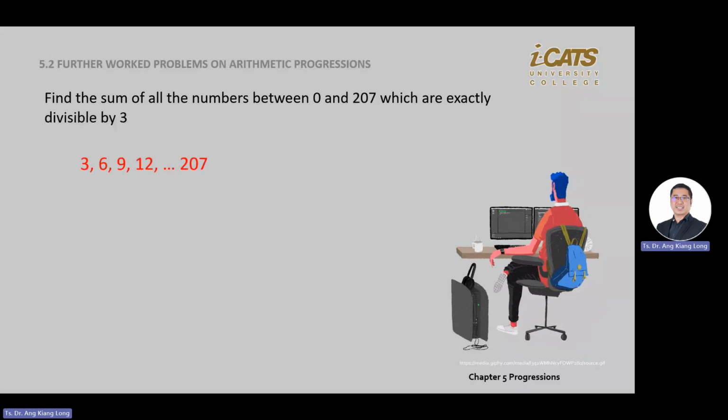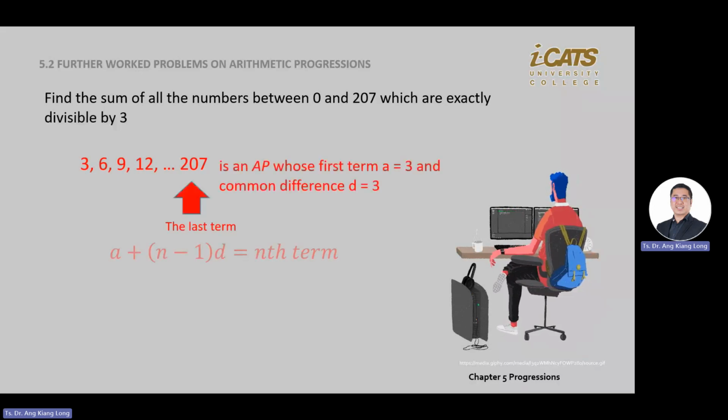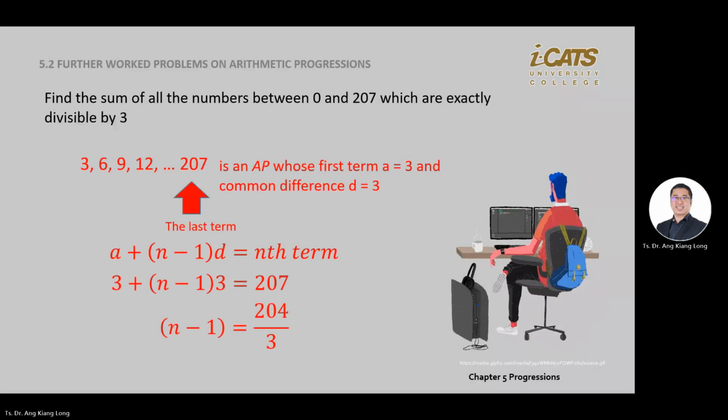You're stuck here. The rest you just work accordingly. So how many terms? There are 9 numbers within there, all right? So then you use the sum equation.